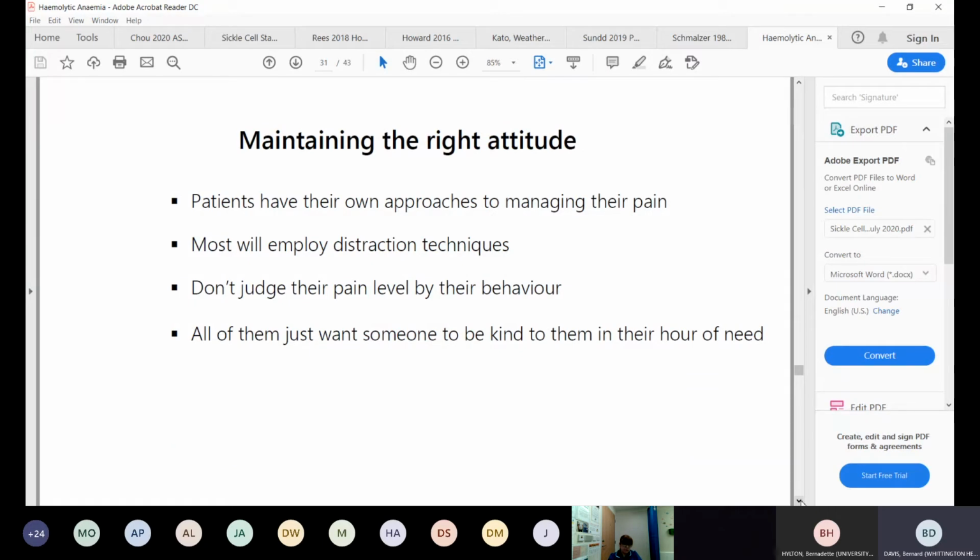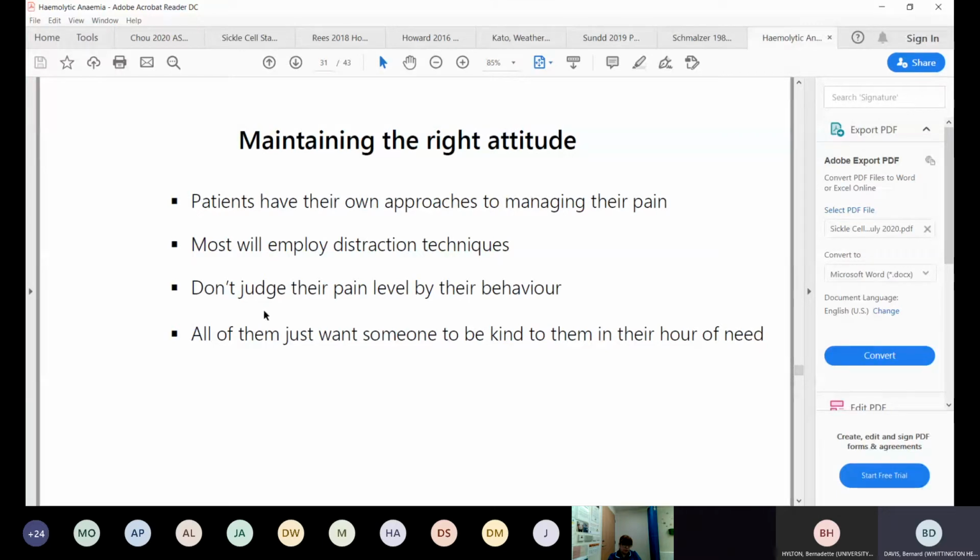So I'll say here, one of the most important messages when managing these patients is to have the right approach and the right attitude. Bear in mind that these patients have their own tricks that they use to manage their pain. Importantly, don't judge the patient's pain level by their behavior.